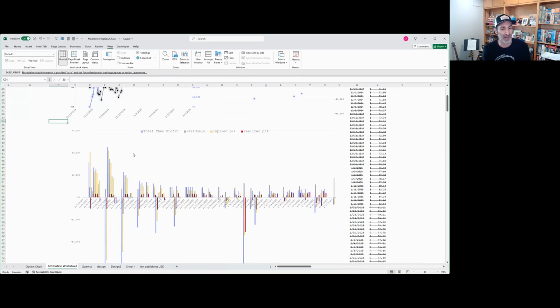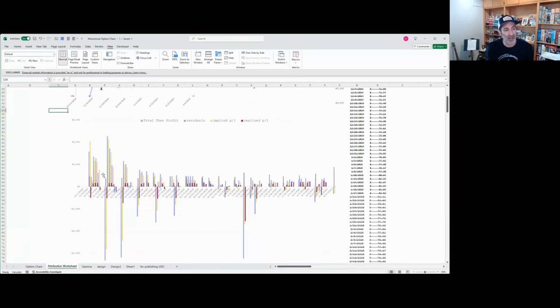And you can see this here; it's kind of cool. The yellow lines are your implied vol P&Ls. You can see how early on, in November, December, your yellow lines are larger in magnitude overall, because your implied vol P&L is what's dominating your overall P&L.